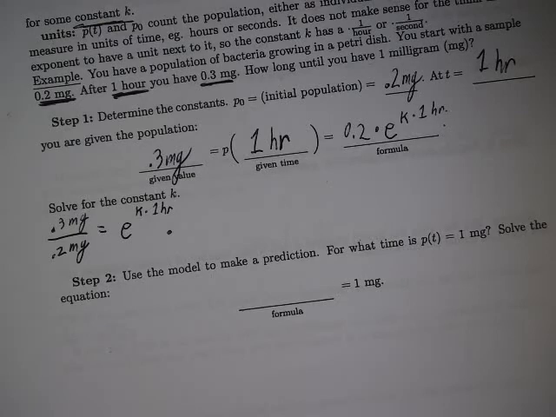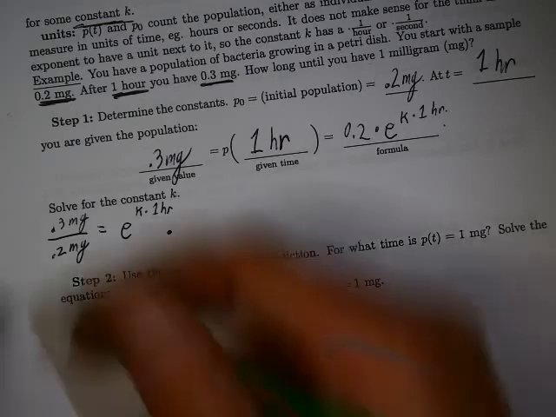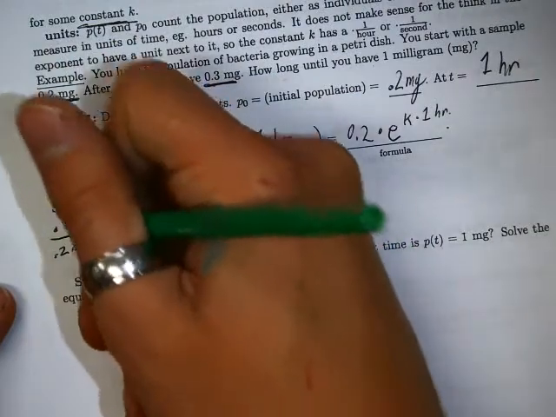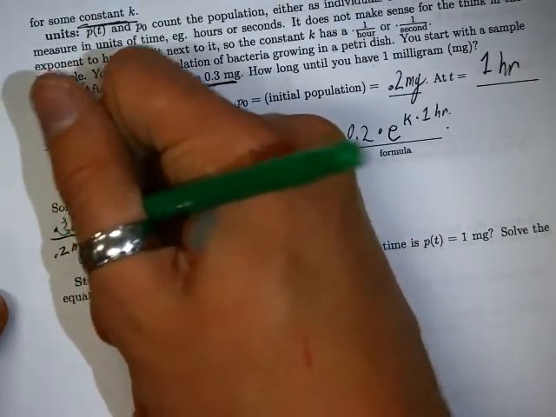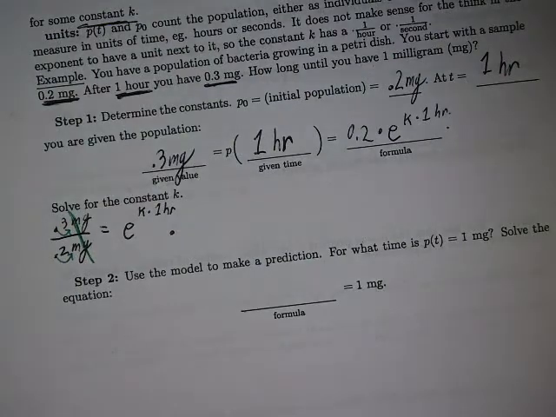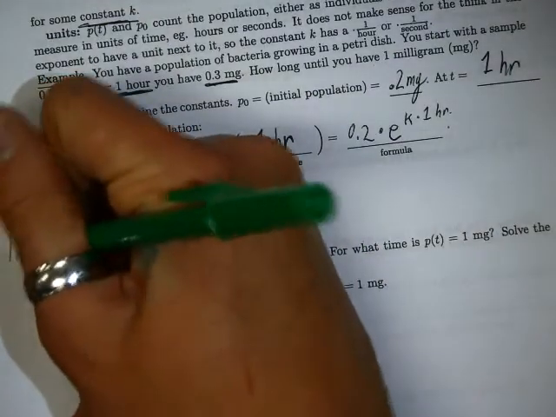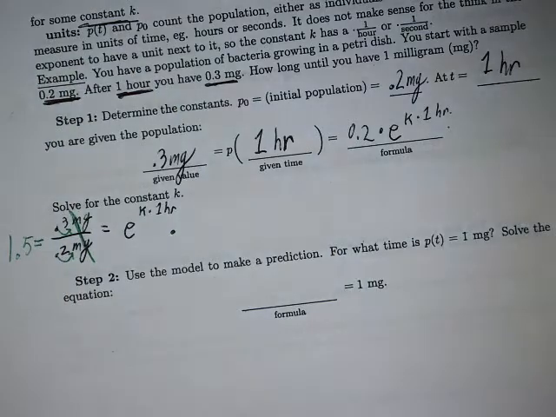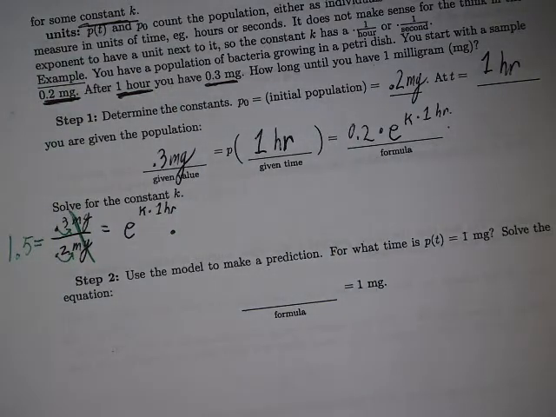What is the left-hand side of this equation equal to? 1.5. Yeah, the milligrams will cancel, and that's the same thing as just 3/2 or 1.5. Are there any units next to that 1.5? No, the units went away, which they had to. An exponential isn't going to have units next to it.